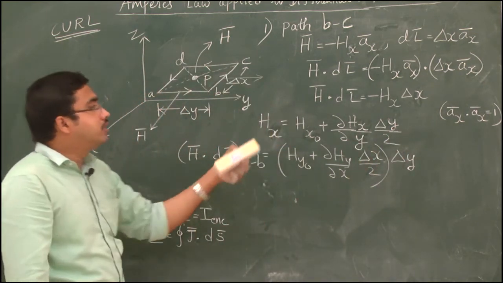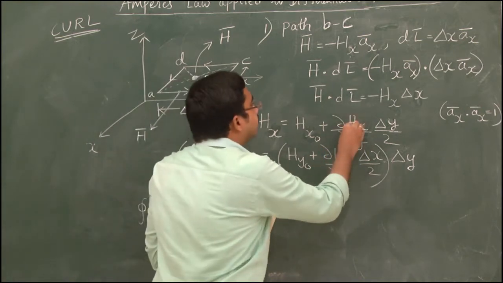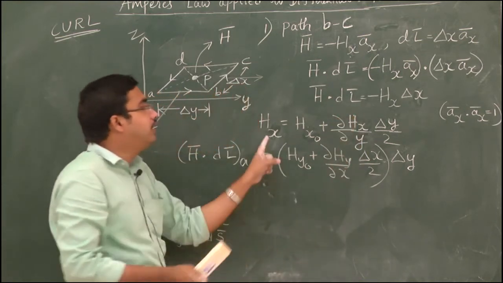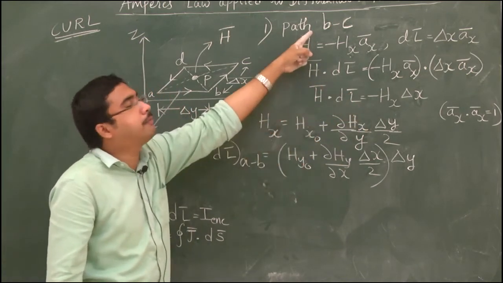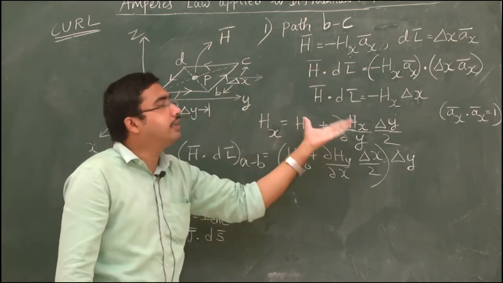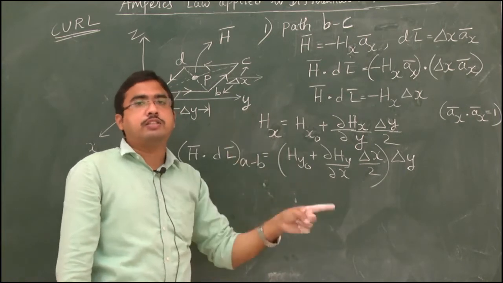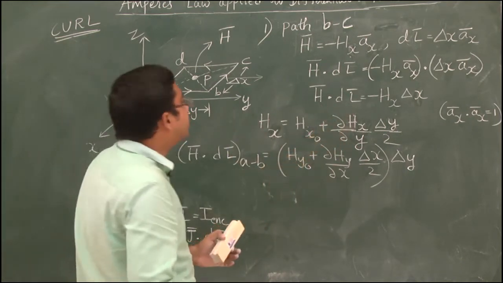Now, if I substitute this Hx value in this H bar dot dL bar for the path BC, then you can get the total expression for H bar dot dL bar in the path BC.